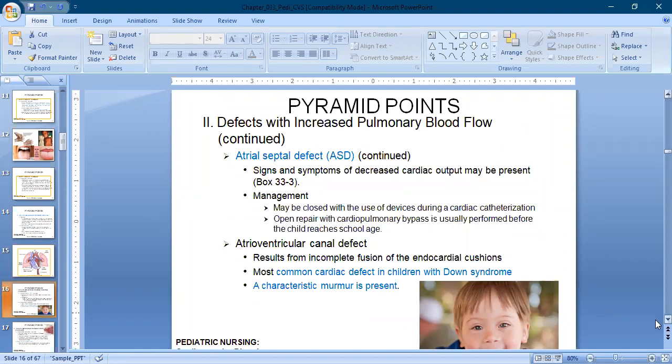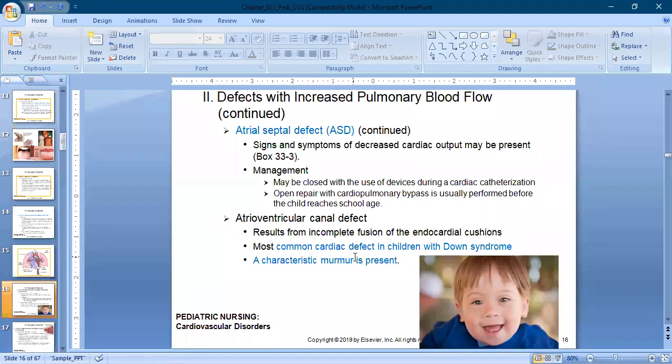The result, basically, is from incomplete fusion of endocardial cushions, the most common cardiac defect in children who have Down syndrome. So Down syndrome is a genetic disease, especially a chromosome number 21 defect.